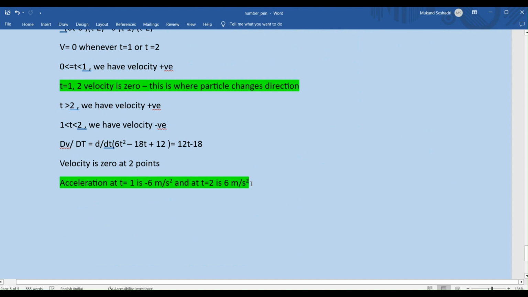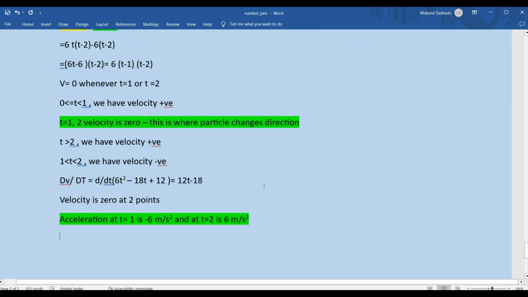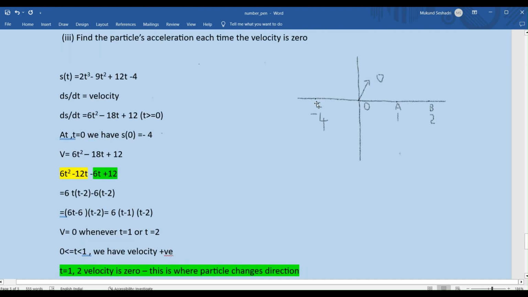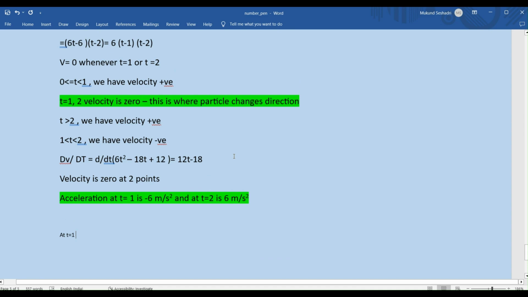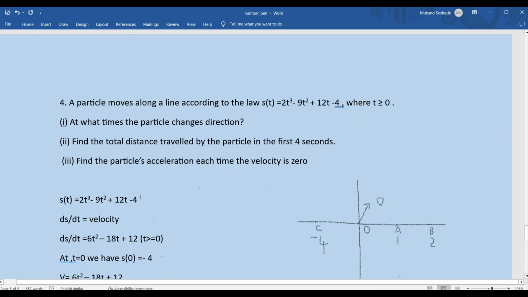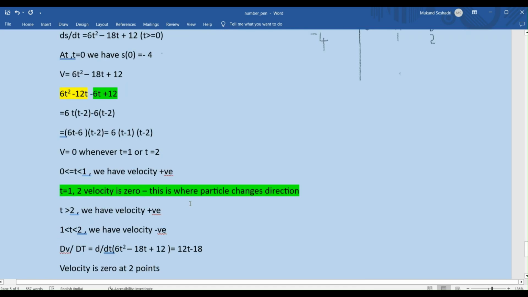So the way we do this is, the particle changes direction twice, at t equal to 1 and t equal to 2. So the particle is located at point C at the time t equal to 0. And let's see where the particle is at t equals 1. Let me substitute t equals 1 into this equation, which is my distance equation.